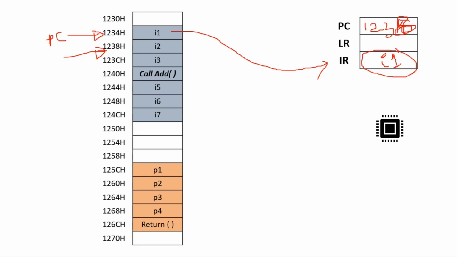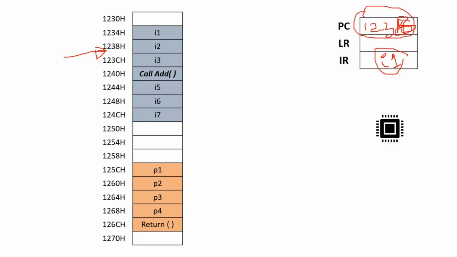Once I1 is completely executed, the processor again finds the next instruction, that is 1238H. So the processor fetches I2 and stores it in the instruction register. And updates PC to the next instruction I3.